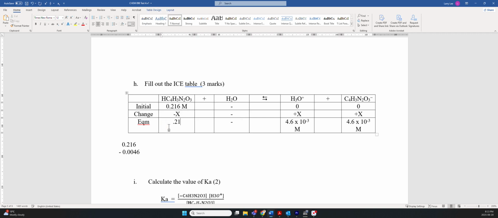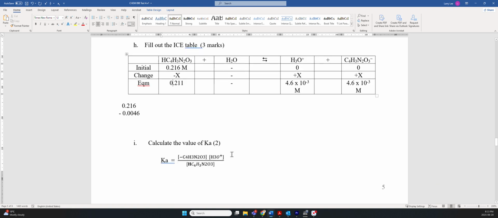But we just need 0.211. We could put 0.2114 if you want, but it's basically 0.211. 3 sig figs right there, because that is the limiting number right here. This is a limiting digit, so it's 0.211.